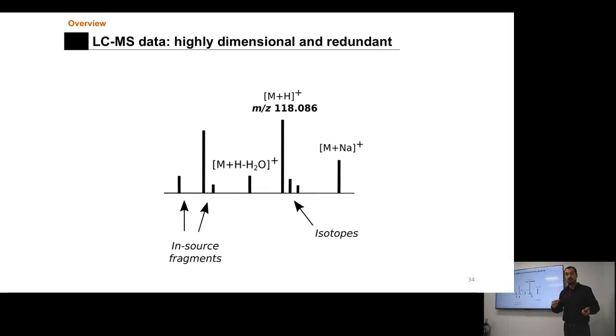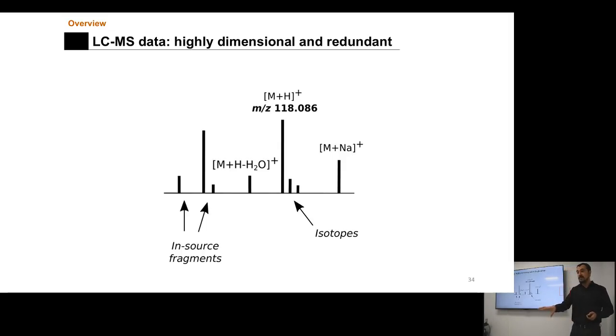So we have a redundancy, and of course we're observing thousands of metabolites in our samples, so you do the math. We have a highly dimensional list of features in our sample. So it's something that we need to take into account.